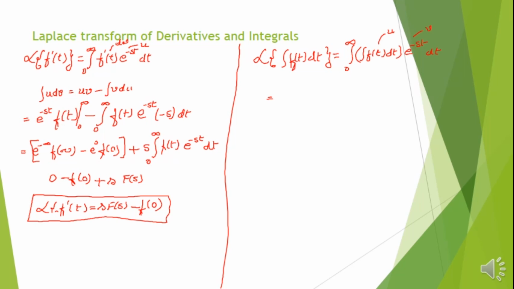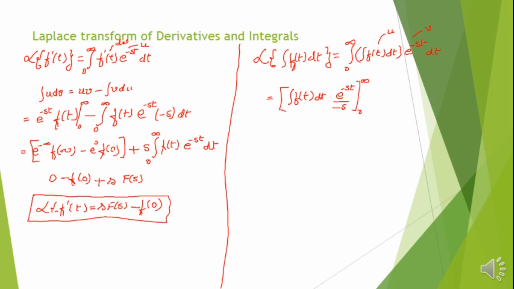So u is integration of f of t dt into integration of e to the power minus st, means e to the power minus st divided by minus s. This is in the interval 0 to infinity.